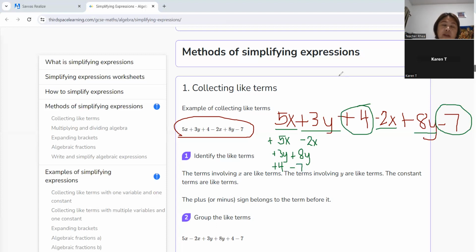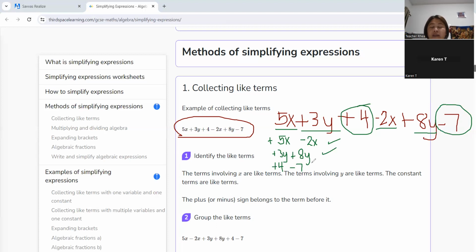So you already collected the like terms, and you identified them. The terms involving x are like terms: 5x and negative 2x. The terms involving y are like terms: positive 3y and positive 8y.